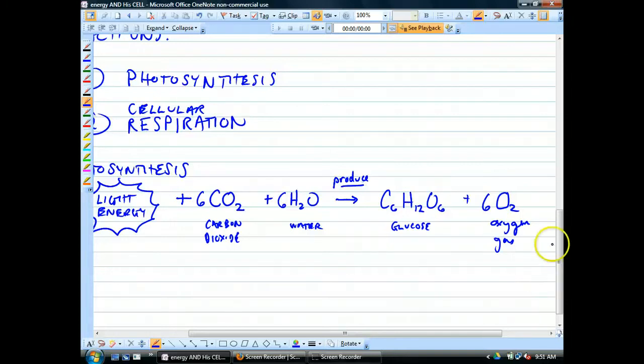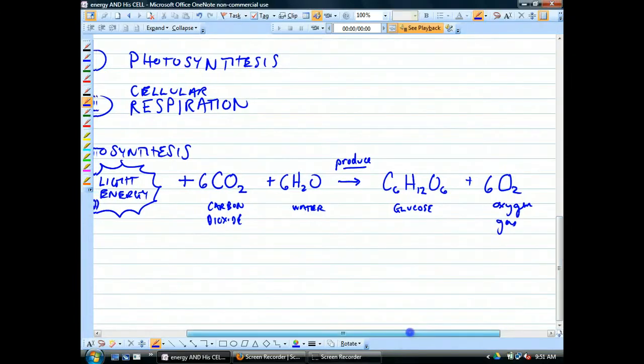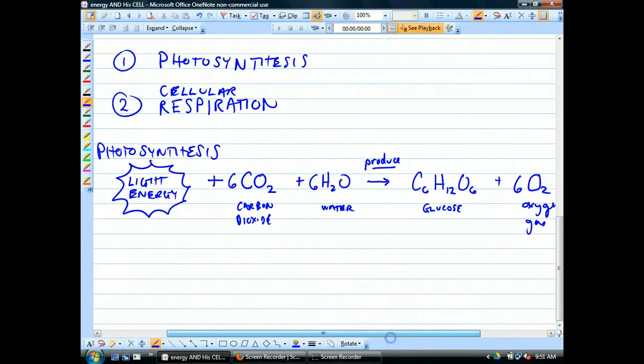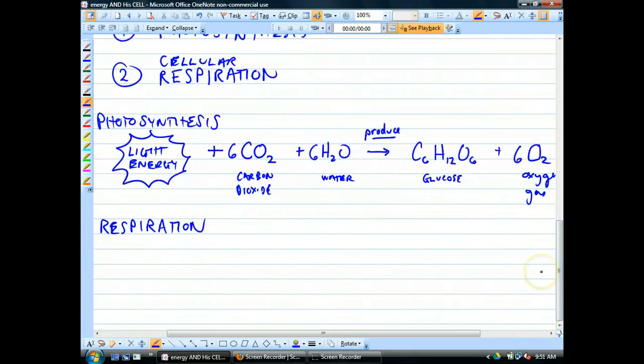Okay? Now, this chapter gets a little complicated, but the cool thing about it is respiration is very simply the reverse of photosynthesis. So respiration is the reverse.